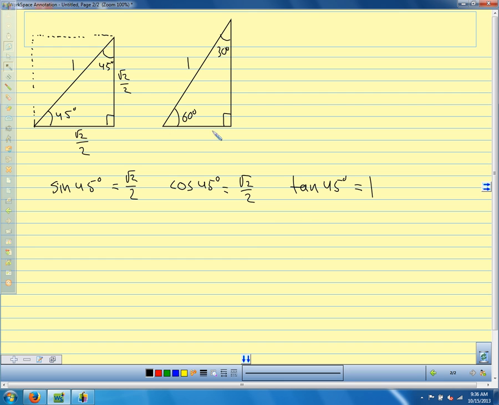We're going to do the same thing with our 30, 60, 90 triangle. If the hypotenuse is 1, what is the length of this side? 1/2. And we can figure that out because a 30, 60, 90 is half of what kind of shape? Rectangle?